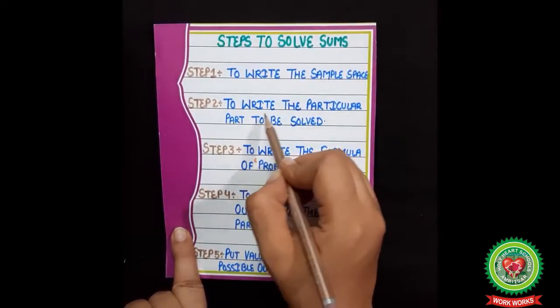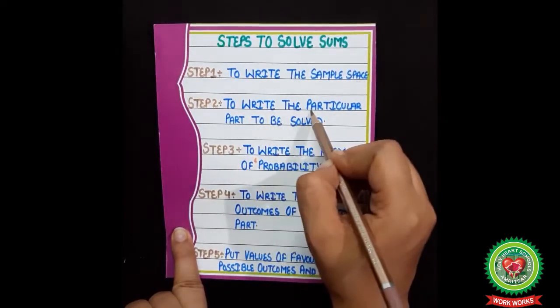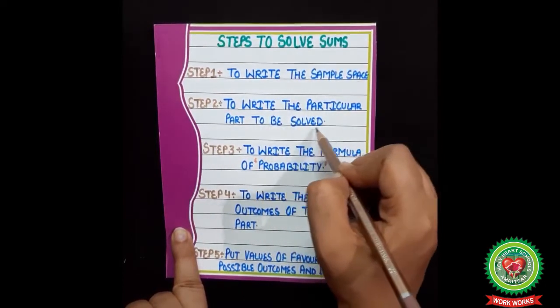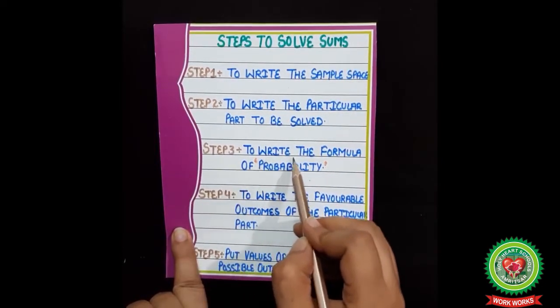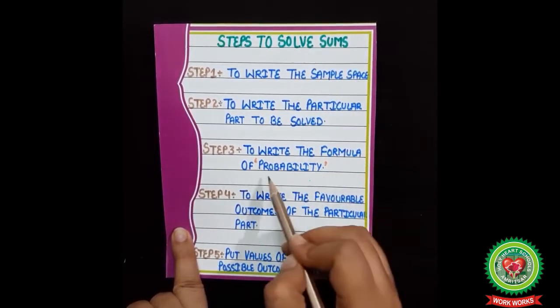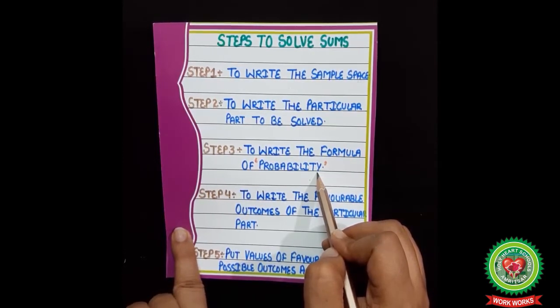Students, there will be multiple parts in this statement. You have to write the part which you are going to solve. Step number 3 is to write the formula of probability, which I have told you just now. P of E is equal to number of favorable outcomes upon total number of possible outcomes.